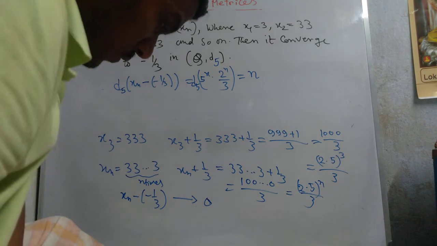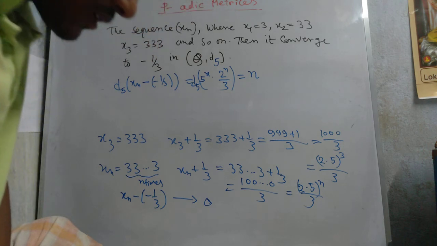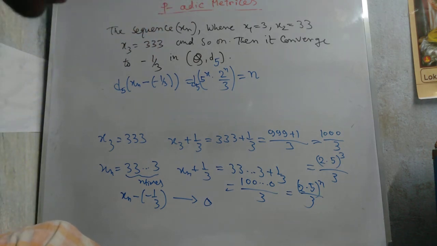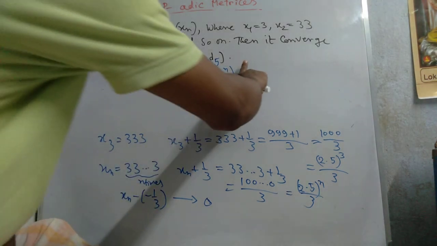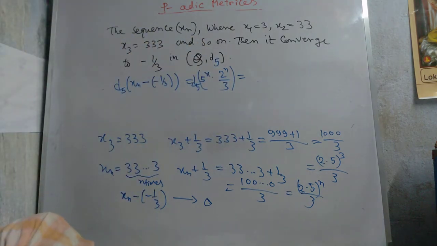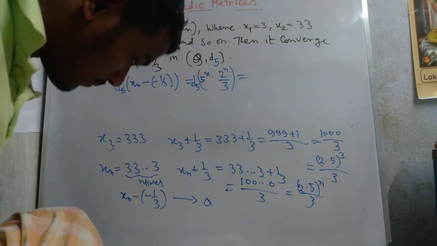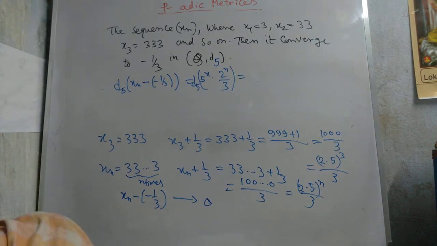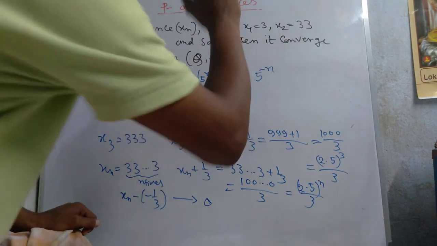So here the d_5 means 5 to the power something. We write d_5 of x_n equals 5 to the power minus of this, that means 5 to the power minus n.